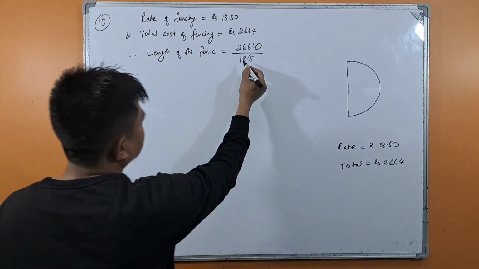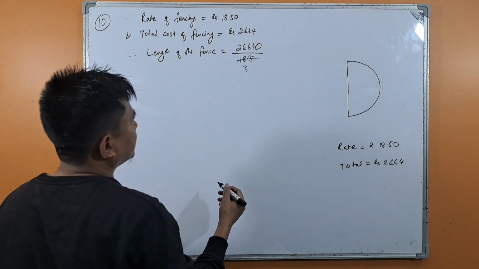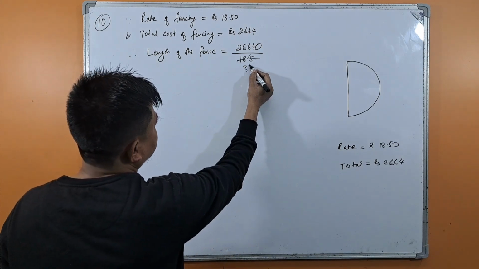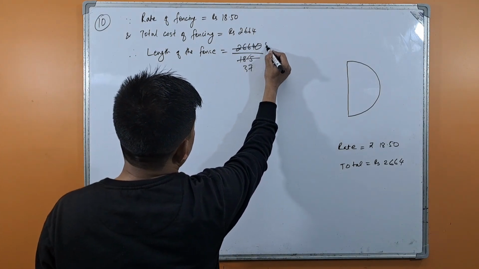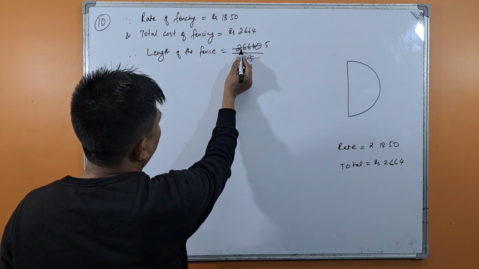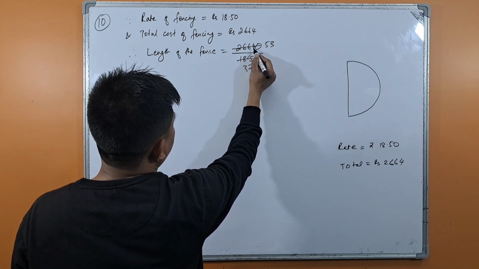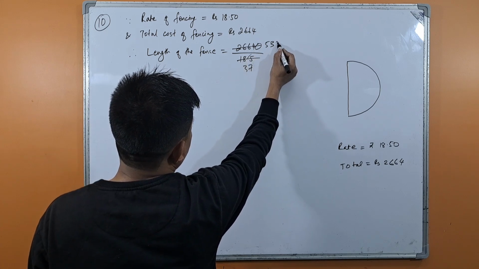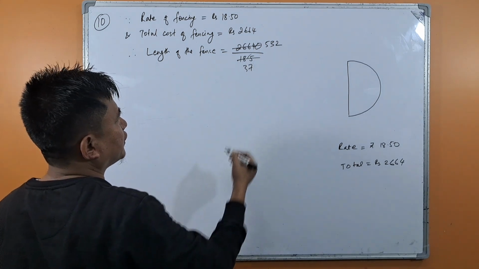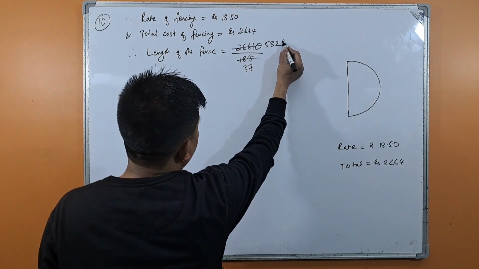5 3s are 15 plus 3 is 18, 5 7s are 35, 5 5s are 25, 26, 1 in hand, this becomes 16, 5 3s are 15, 16, 14, 5 2s are 10, plus 4 is 14, so this becomes 40, 5 8s are 40.